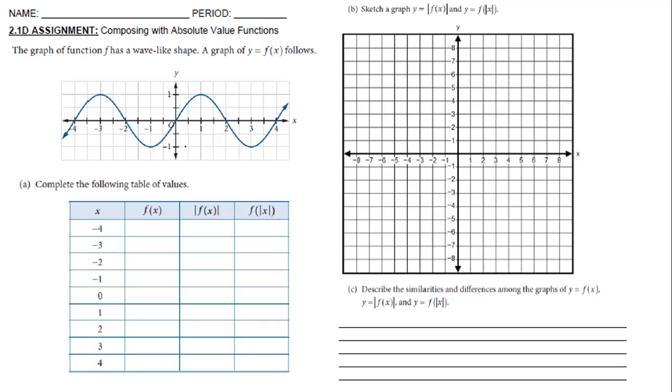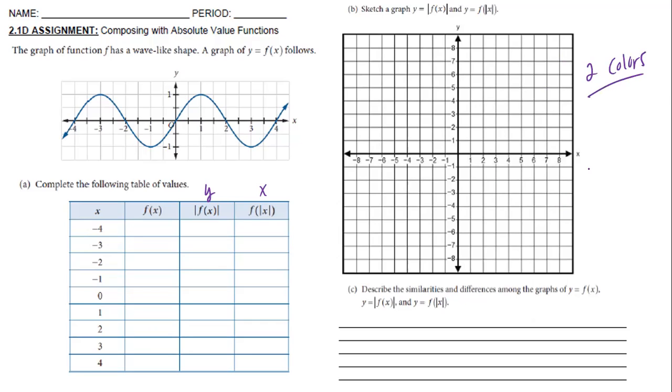All right. So what you're going to do is you're going to use this graph. Notice here on the first one, it's our y values that are being changed, right? On this one, what is it? The x values. It's the absolute value of the whole function, the absolute value of just the x's, okay? This is your original. So you're looking at the original and just plugging in the values. On part B, you're gonna need 2 colors because you're gonna graph and compare.